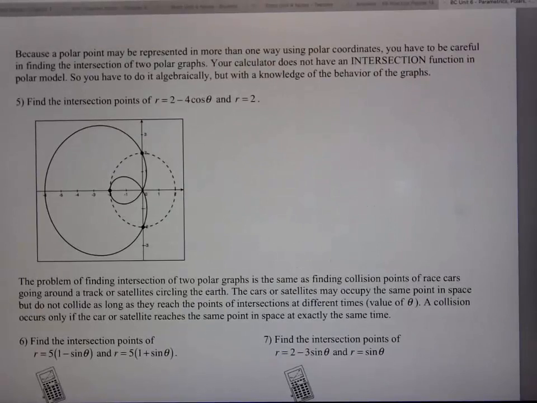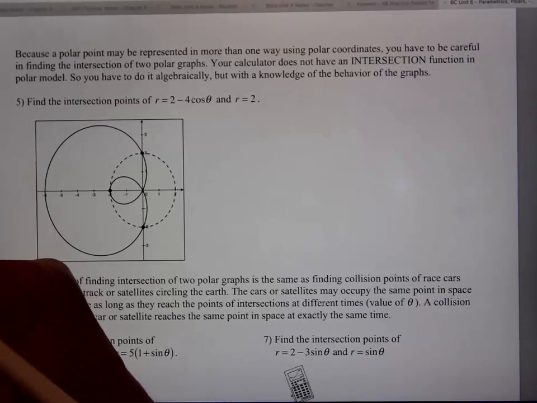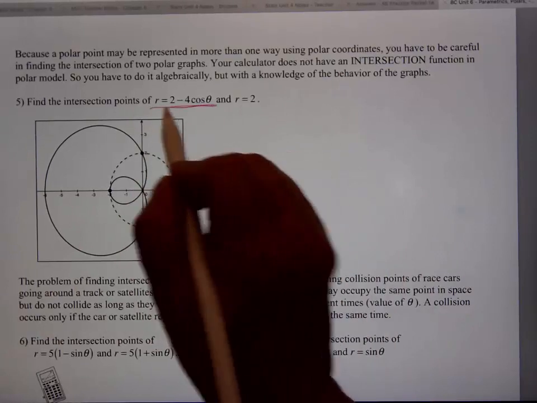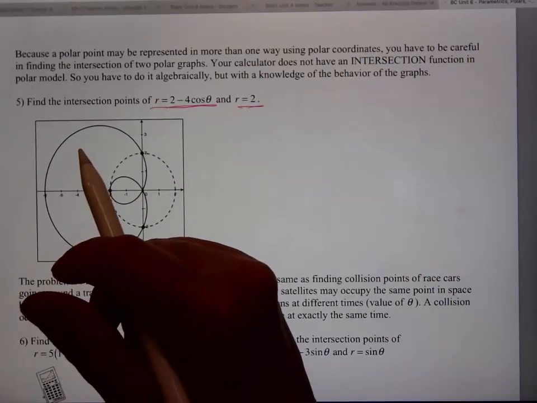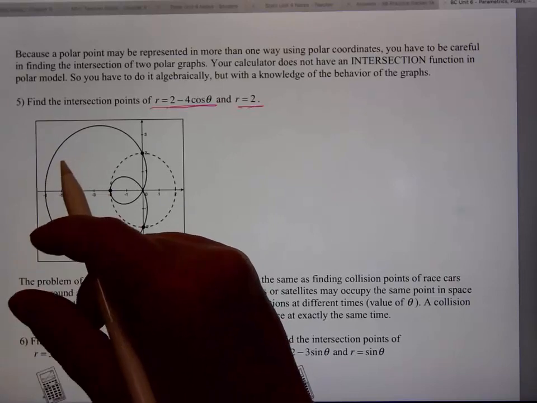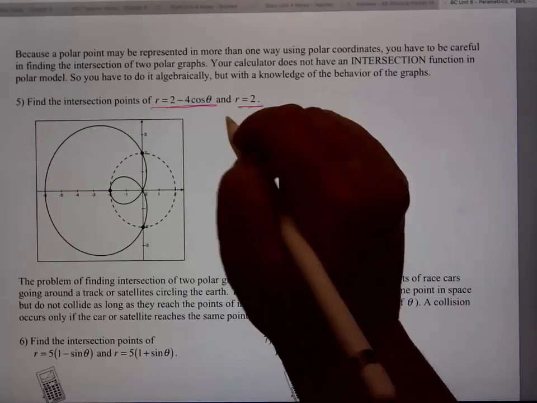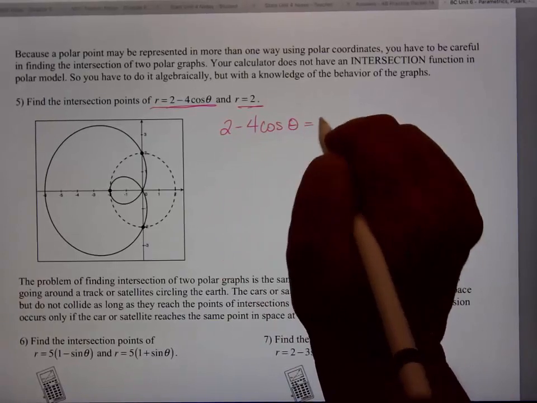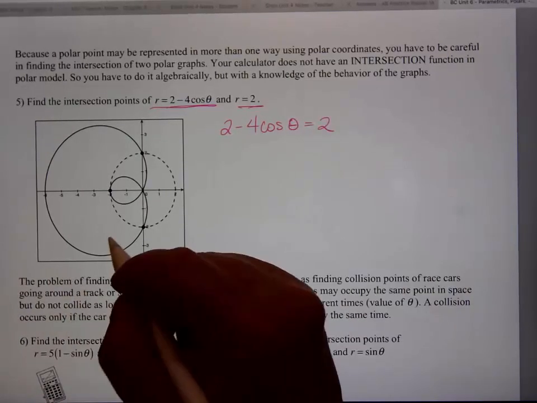Look up here at the top. It says, because a polar point can be represented in more than one way, you have to be careful when you find intersections. So, I want to know where this curve and this curve cross each other. What am I going to do to their equations? Set them equal to each other. 2 minus 4 cosine theta equals 2. Move the 2 over.